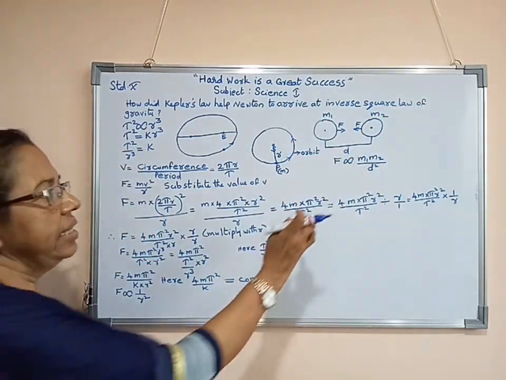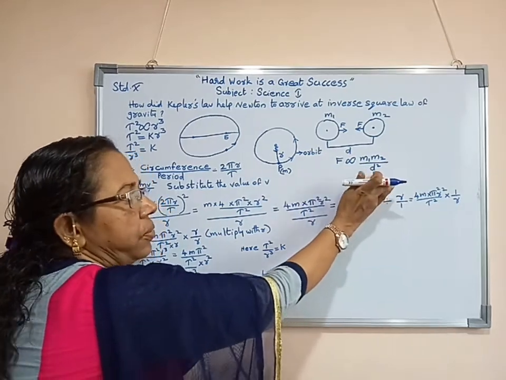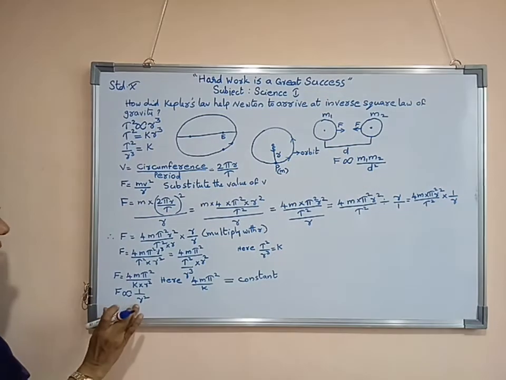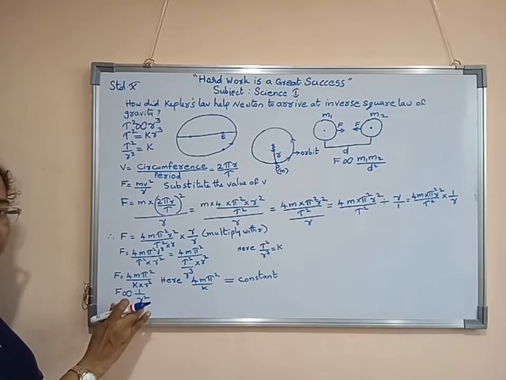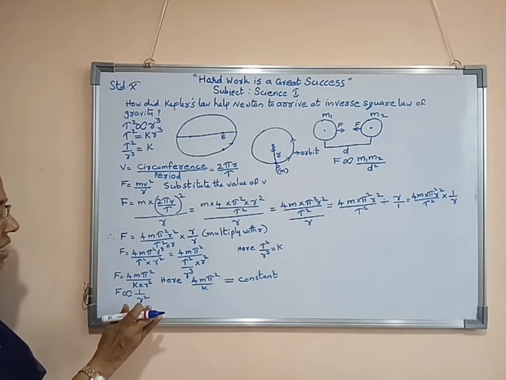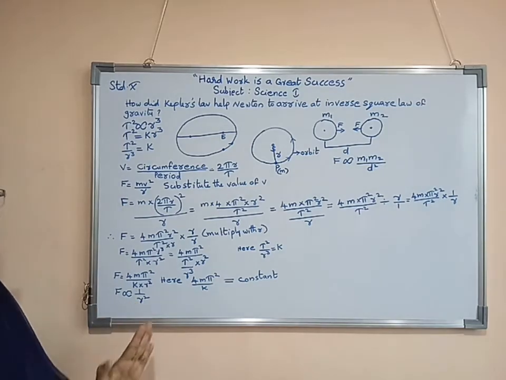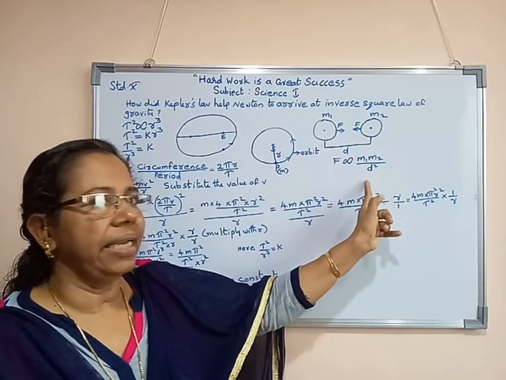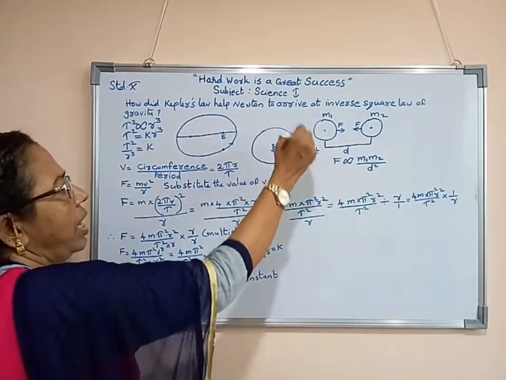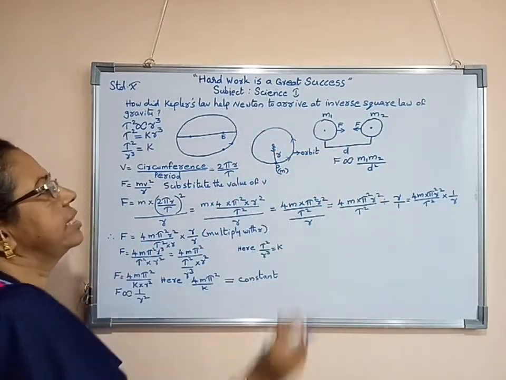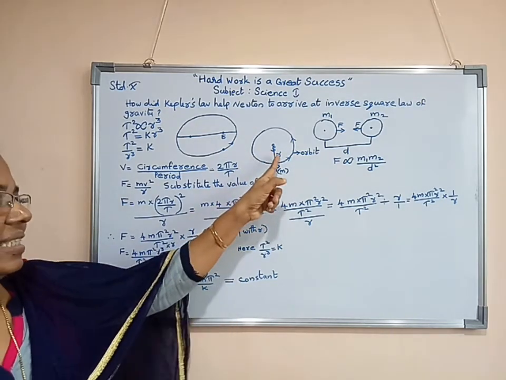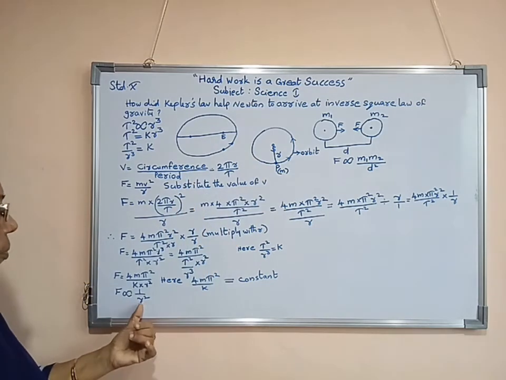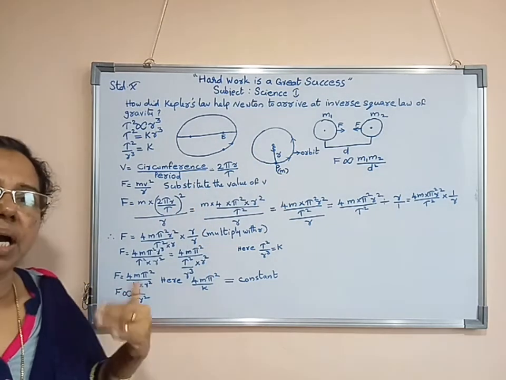F is inversely proportional to the square of the distance between two bodies. But here it is in a circular orbit, so the distance between two bodies is taken as its radius. So here put R. But both of them are distances.